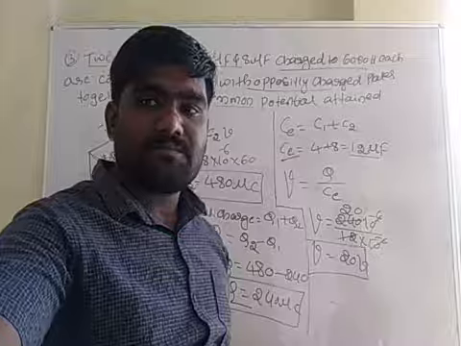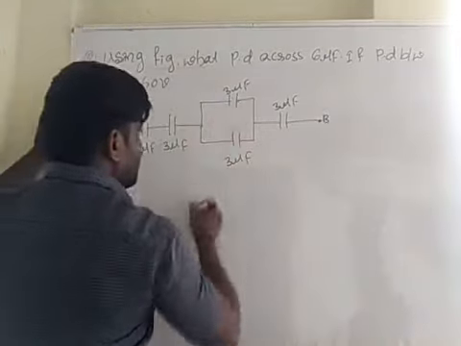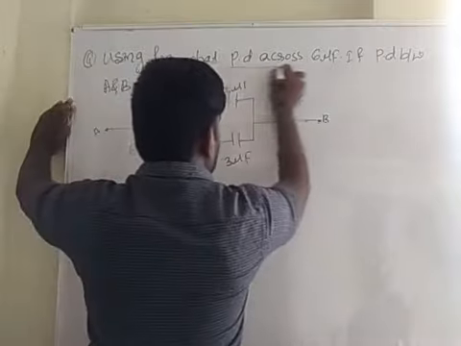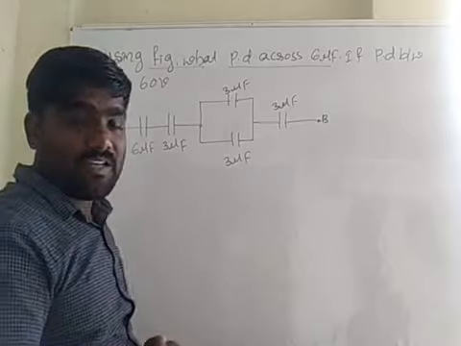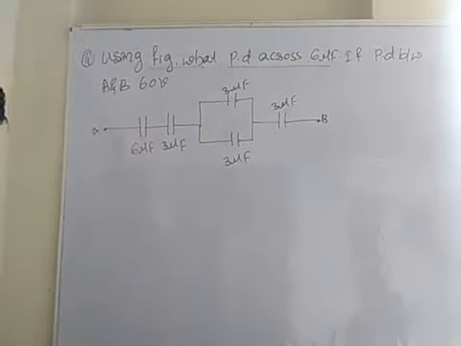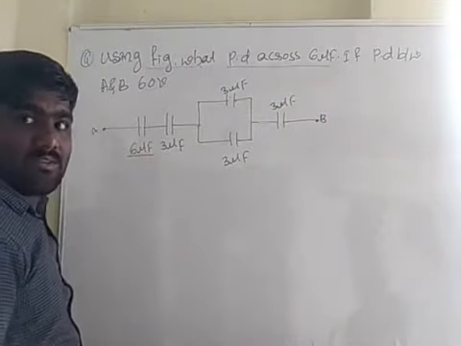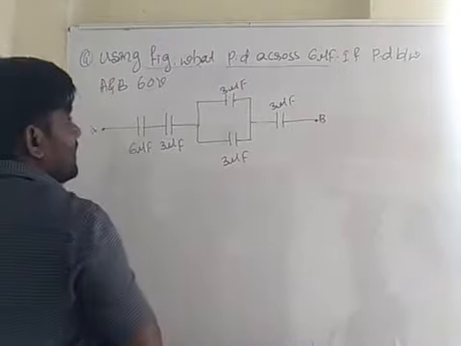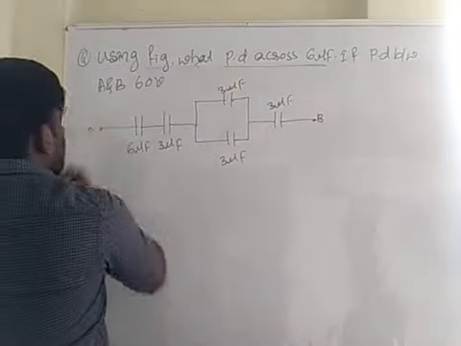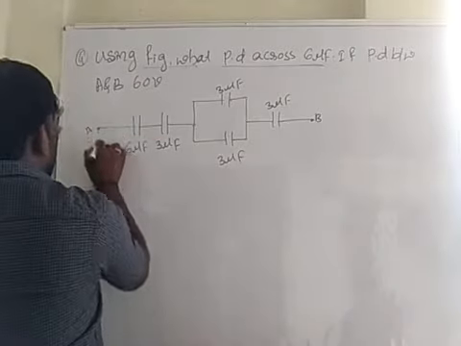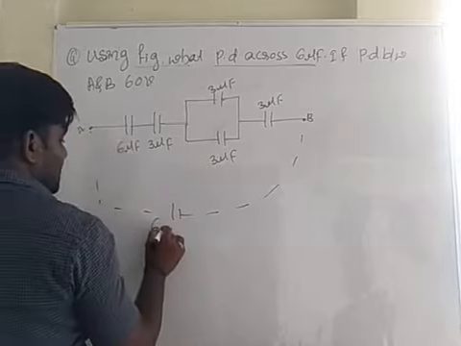See the next question first. By using this figure, I want to calculate the potential difference across the 6 microfarad capacitor. The potential difference between point A and point B is 60 volt.